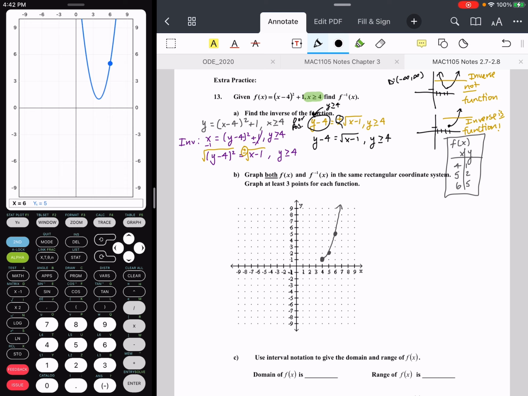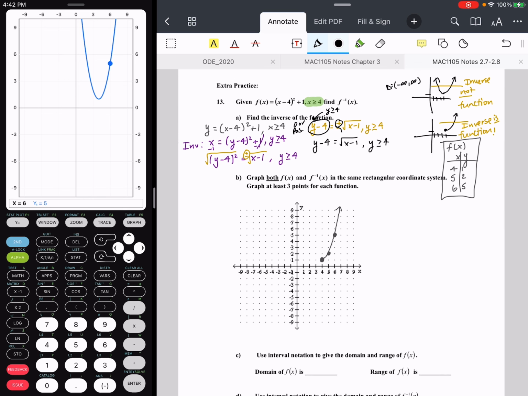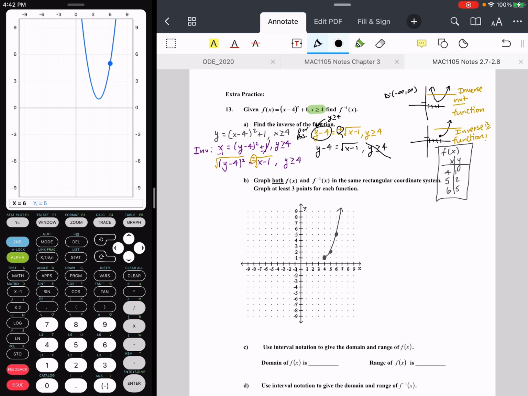Both the left side and the right side have to be positive because the square root of a number isn't going to be negative. It's going to be 0 or positive. So we know by default that y is going to be greater than or equal to 4. So now we're just dealing with y minus 4 equals the square root of x minus 1.